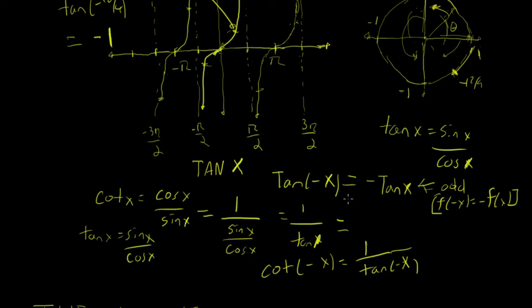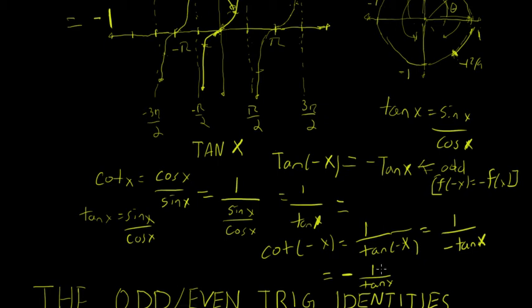But we said tangent of negative x is negative tangent of x. So this is the same thing as negative 1 over tangent of x. But remember, 1 over tangent of x is cotangent of x.